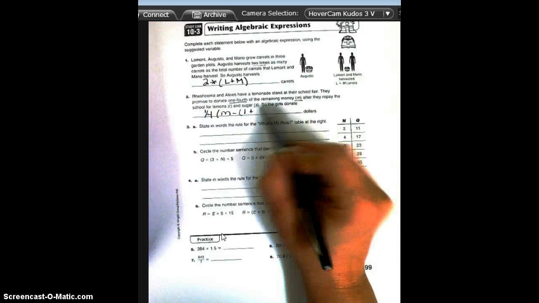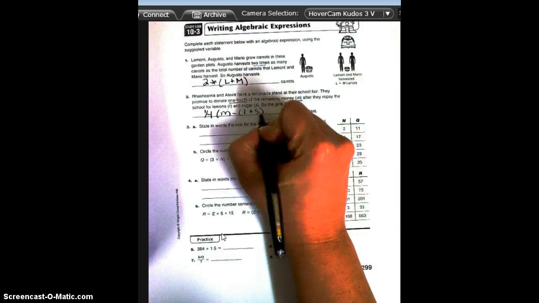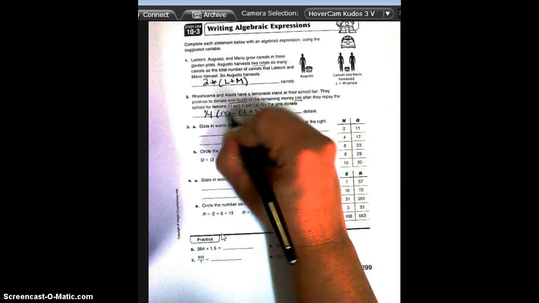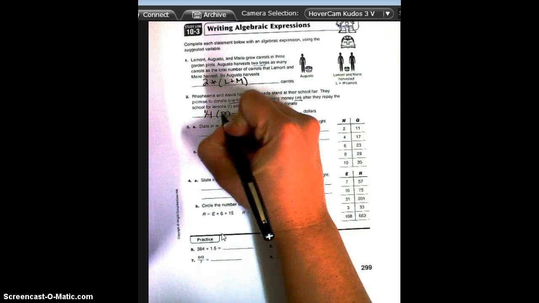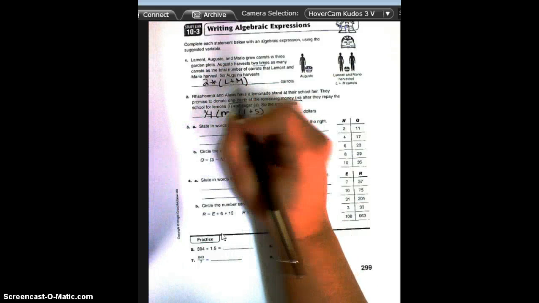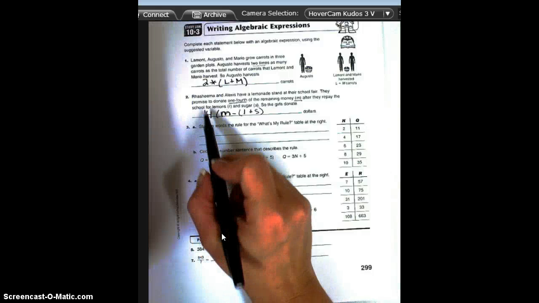Lemon plus, they just called it L, right? L plus S. So there's our lemon and our sugar. Once we figure out that total, then we subtract it from the total amount of money they made, and then 1/4 of that goes to school.